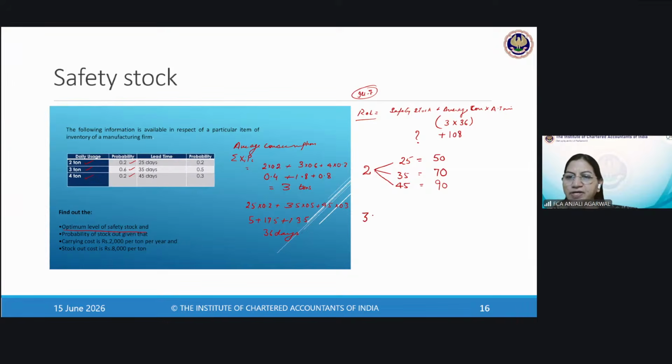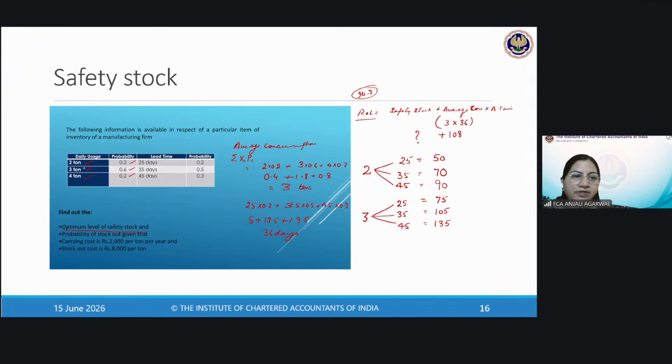Another scenario, 3 tons, with 25, 35, or 45 days. So we calculate all possible scenarios. 3 tons consumption and 25 days lead time, you multiply the two, 75. 75 is well below 108, so it's still safe. 3 into 35, 105. Just about. You are safe still. 3 into 45. Here comes the trouble.